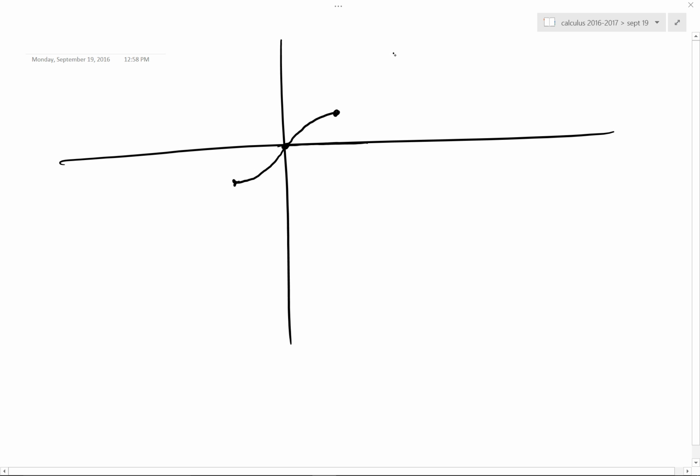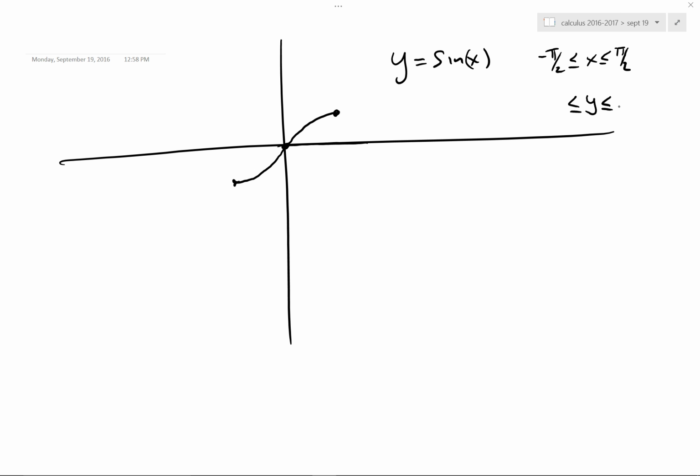And I feel like my domain here, this is y equals sine x, sort of, is between negative pi over 2 and positive pi over 2. And what is the range of that? What's the smallest y value? Negative 1 and positive 1, yes? Nice.